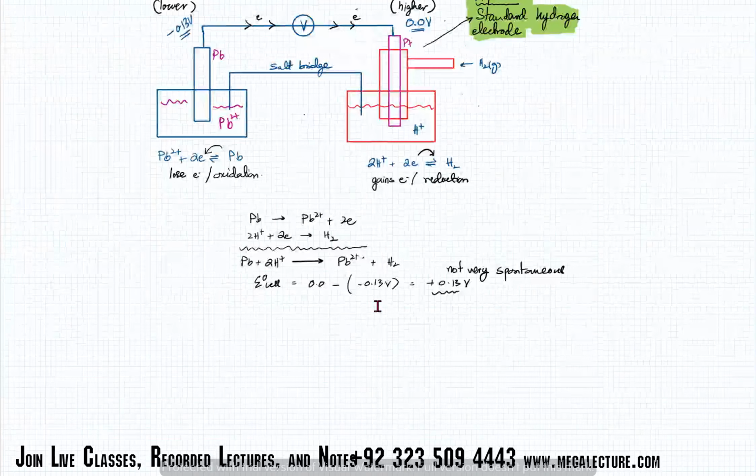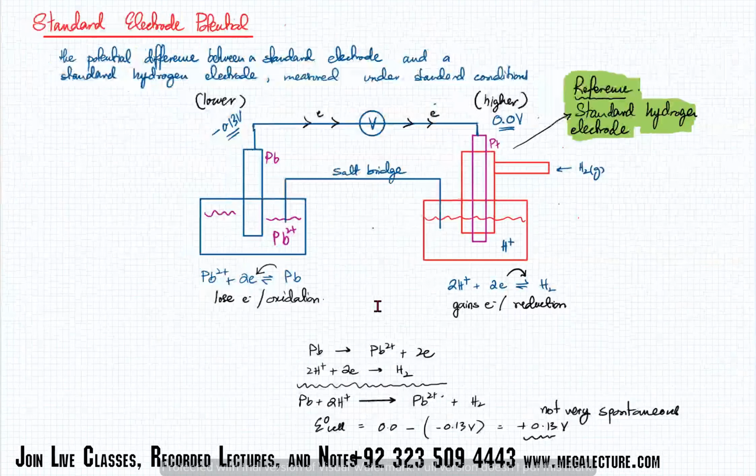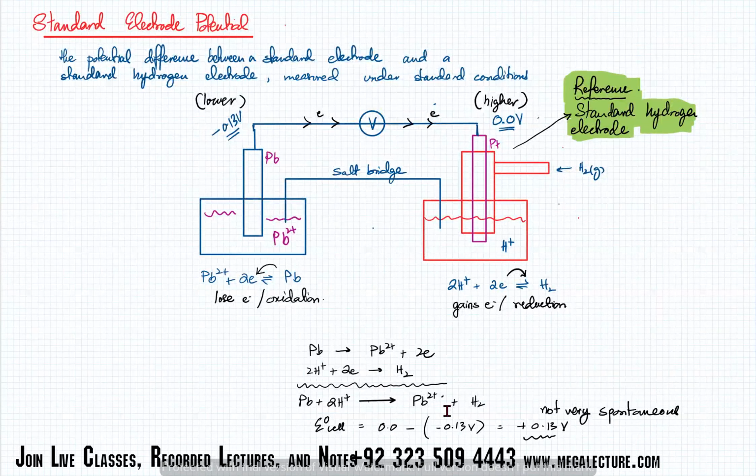If I didn't have to draw this, it would have been very easy for me to just write the reaction. I would have known, okay, this is the higher potential, so it gains electrons. This one is the lower potential, so it loses electrons, and that's about it. When you have to draw everything, you have to be careful about everything. Without the drawing, coming up with the equation and the E0 cell is pretty easy.